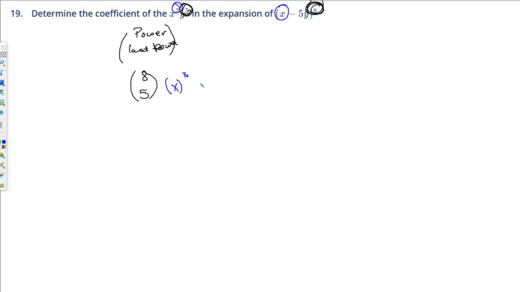Now you're going to take your second item, negative 5y, and you're going to raise it to the second power of your first expression. So what is 8 combination 5?